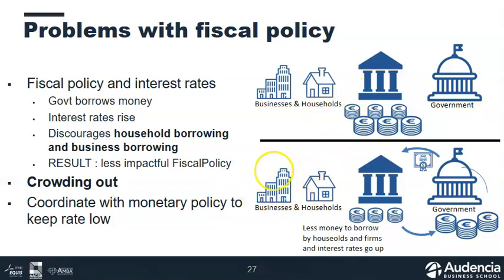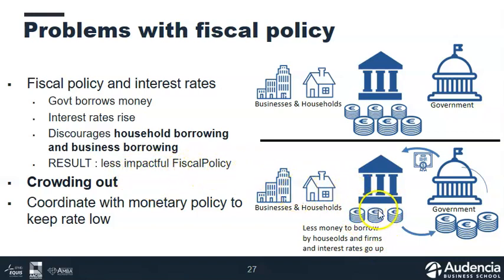Now, the bad thing about this is that as the money flows from the bank to the government, there's less money for households and businesses. Okay, and this is a significant problem. Less money to borrow here because it's been given to the government usually results in higher interest rates. Okay, and the result of that is, at the end of the day, a less impactful fiscal policy.